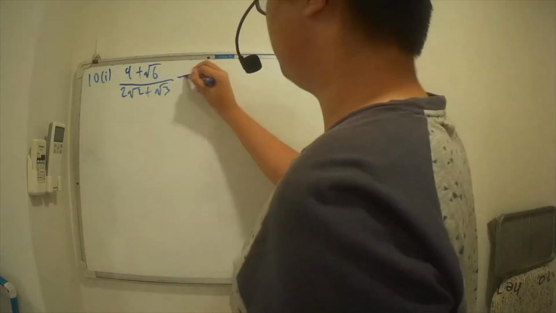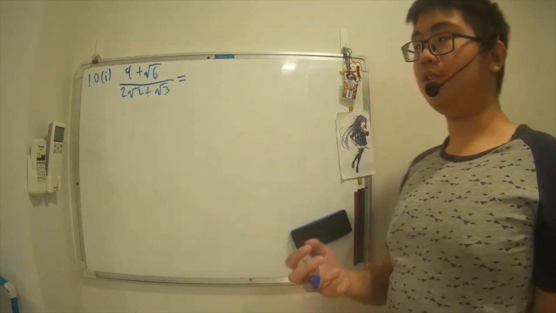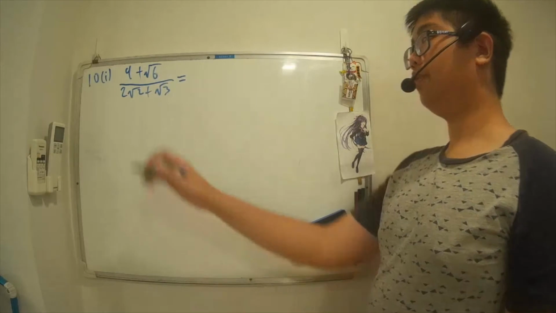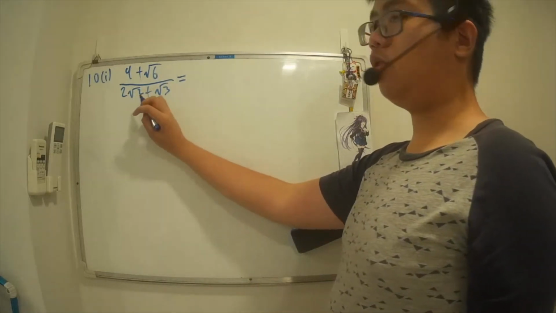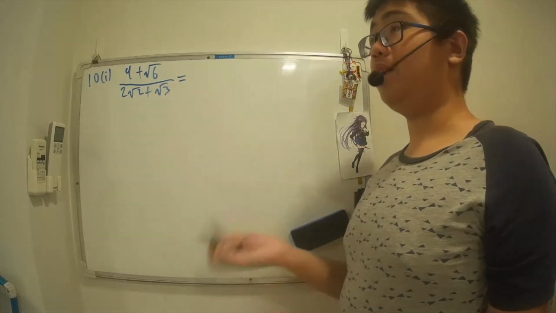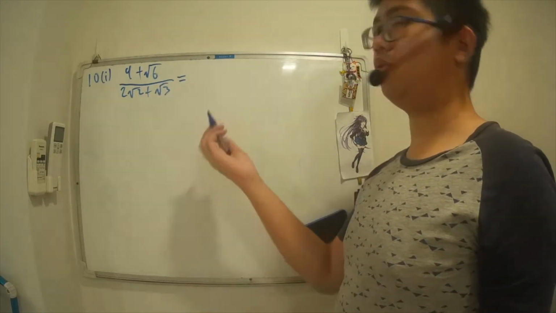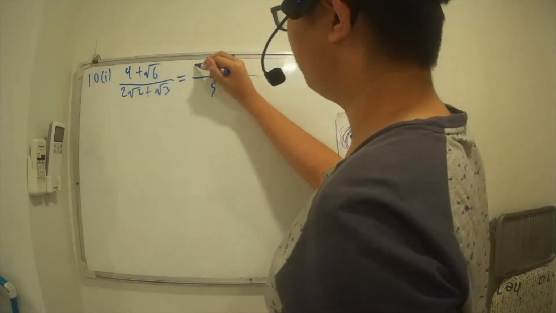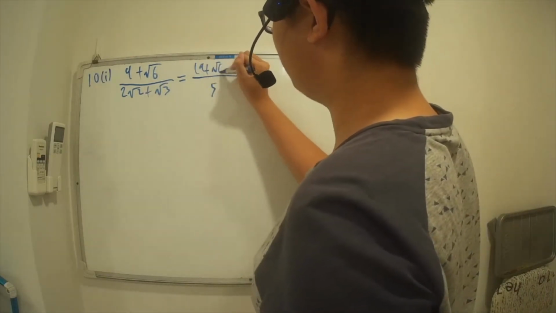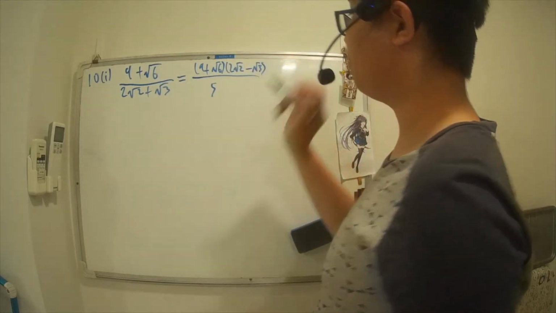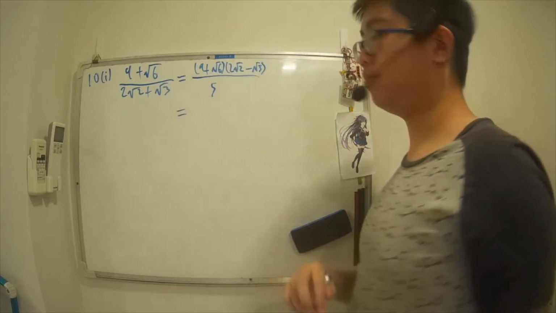The first thing we will do is rationalize this, so we take the conjugate. What's the bottom? 2 square root 2 squared is 8, square root 3 squared is just 3, so the bottom will be 5. We have 9 plus square root 6 times 2 square root 2 minus square root 3. Let's see what this is.